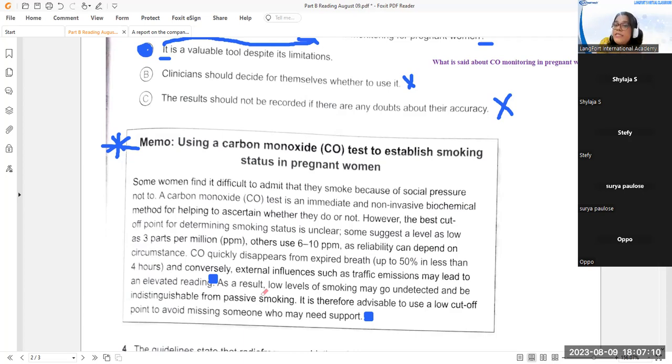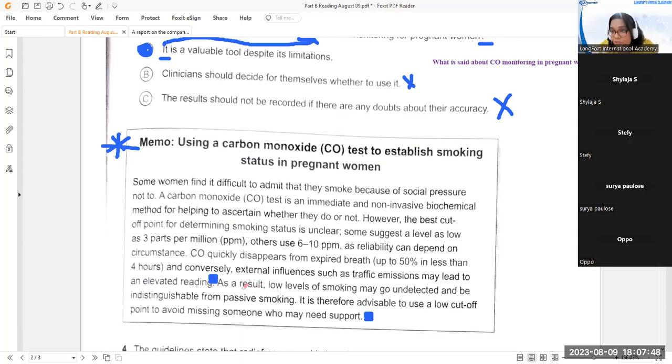Another, sometimes even if the person is not a smoker, if they have been exposed to carbon monoxide, for example through traffic emission or some other way, they might have an elevated reading even though they don't smoke at all. So it's very difficult to differentiate whether that person is a low-level smoker or a passive smoker. Passive smoker means somebody else smokes and they're exposed to it. So is it CO exposure, or CO exposure from smoking?